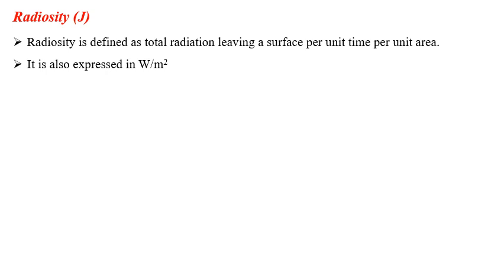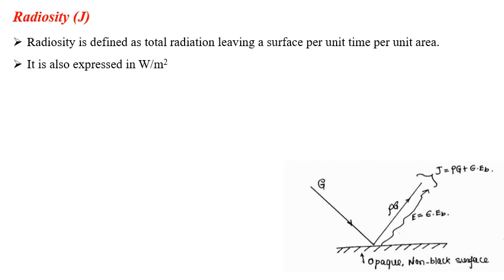Therefore, the analysis of radiation heat transfer for such enclosures becomes very complicated. So the analysis of radiation exchange in such enclosures may be simplified by making certain assumptions. Here you can see opaque and non-black surfaces.